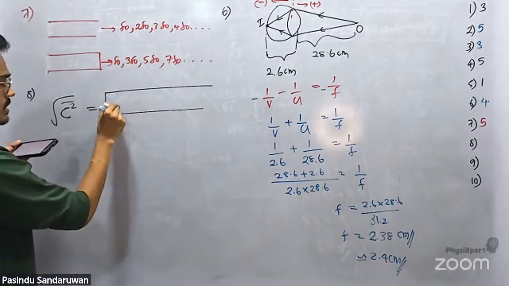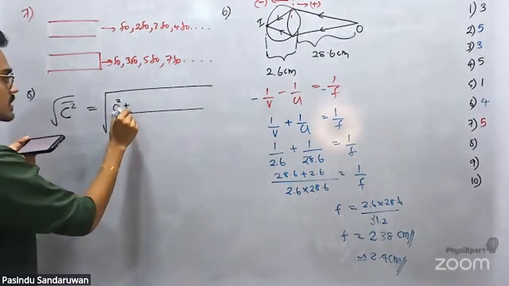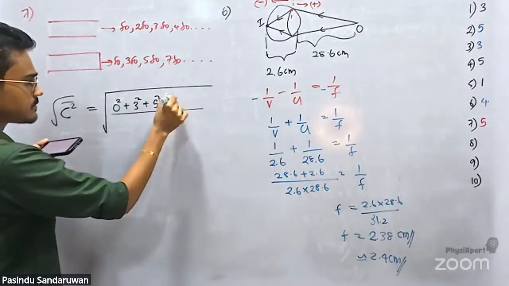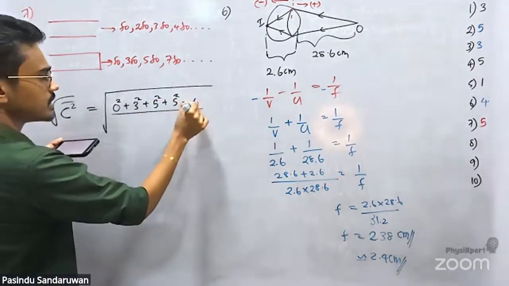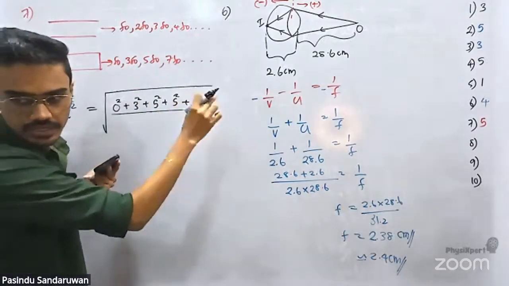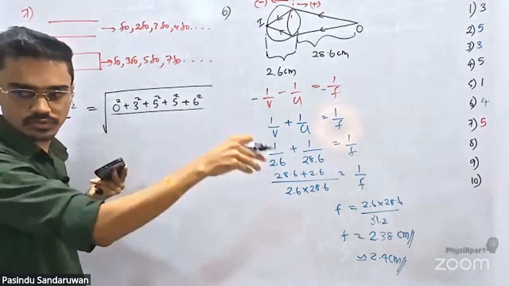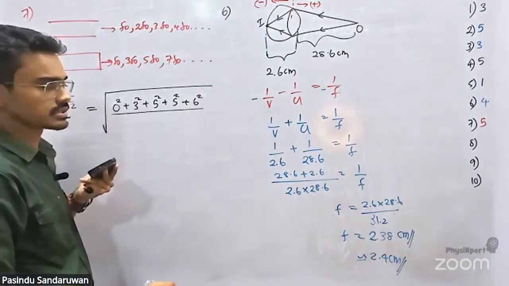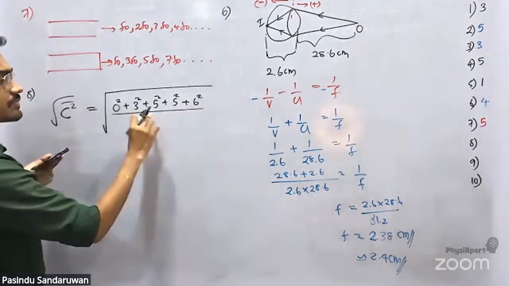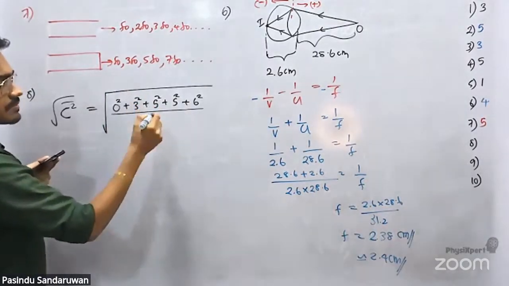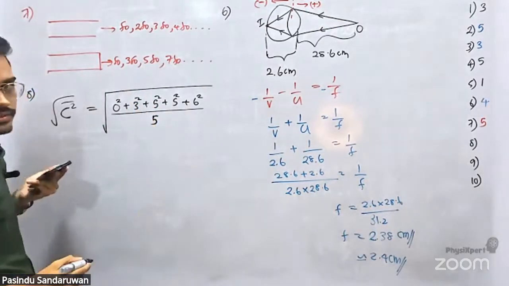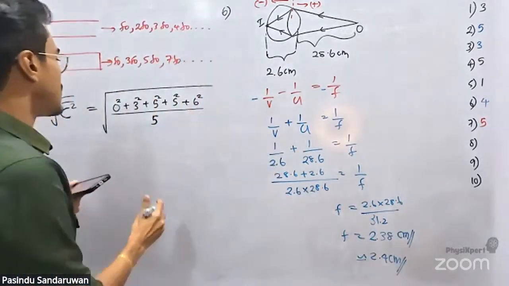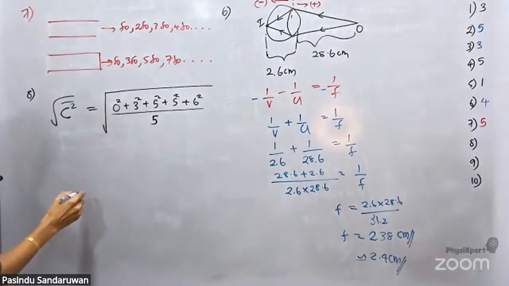This means 0 squared plus 3 squared plus 5 squared plus 5 squared plus 6 squared, the mean of the square values of the speeds. If you need the root, then you take the root. For the mean, divide by the number of molecules you have, 5 molecules.